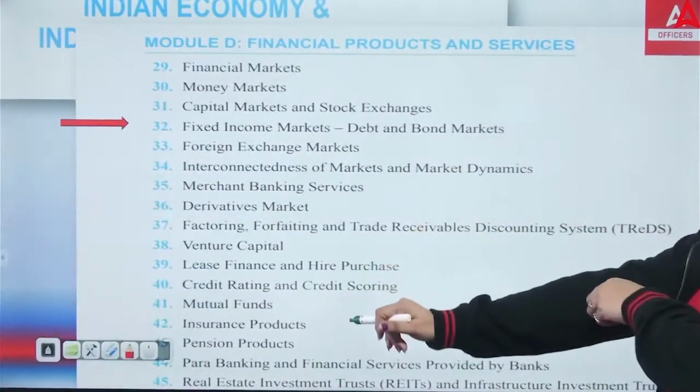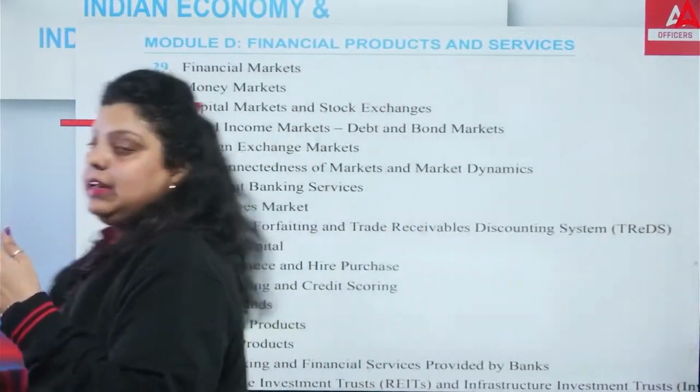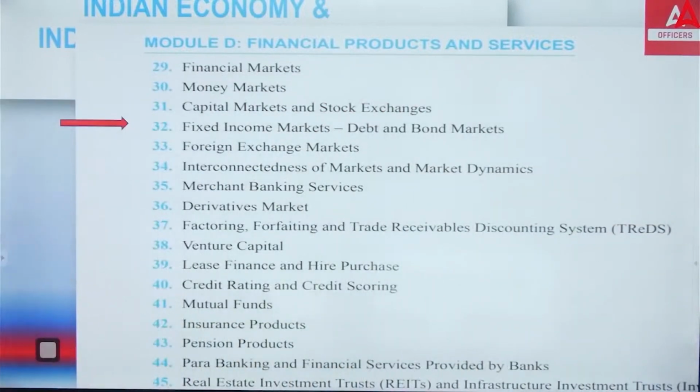It talks about your fixed income market.